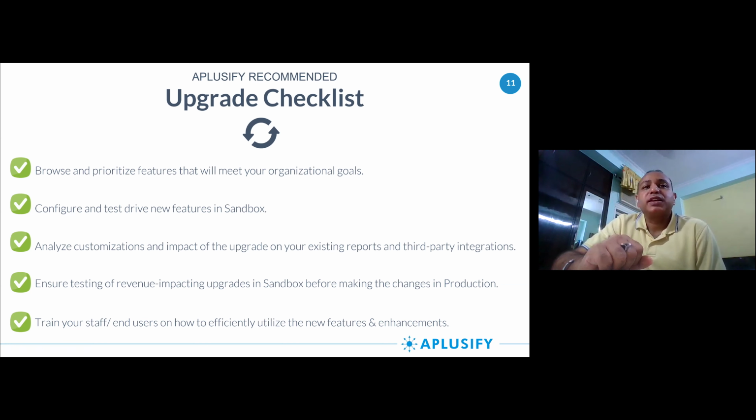Analyze customizations and impact of the upgrade on your existing reports and third-party integrations. Very true, like we discussed in the last slide. The major impact that happens with each upgrade is either on reports or on third-party integrations, and that is the tested stuff. We have got a lot of complaints from our customers that our reports are not working, our integrations are not working.